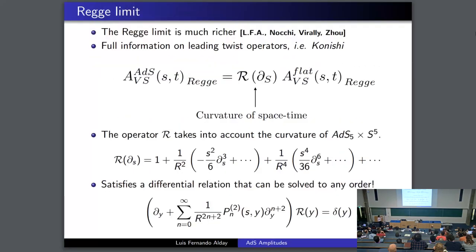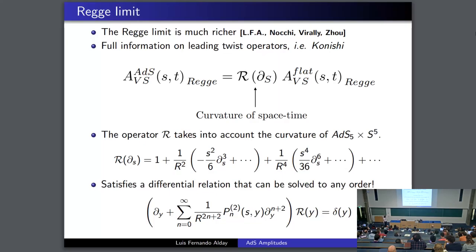There is, and this is the last slide before the conclusions, another regime which is richer, actually, which is the Regge limit. In the Regge limit, we take T very large, but S is not large, it is finite. And as we know from Regge theory, in this limit we keep full information on the leading twist operators, for instance, these Konishi-like operators.